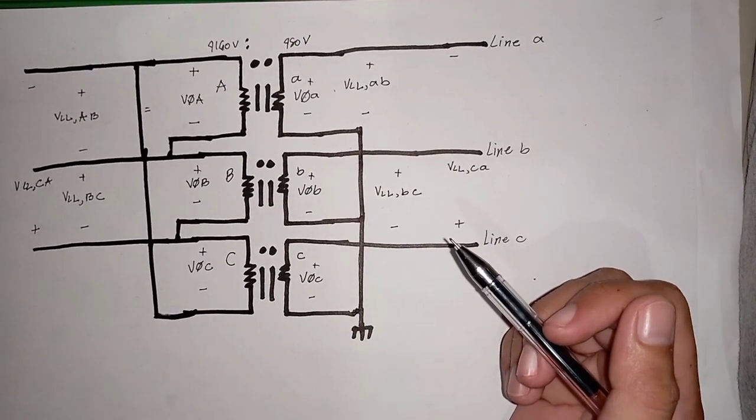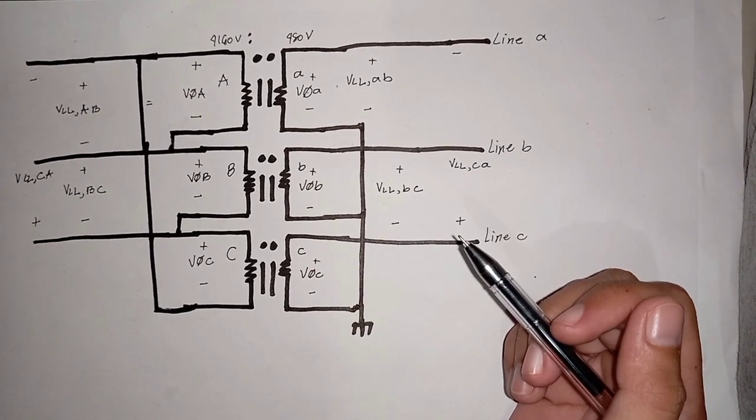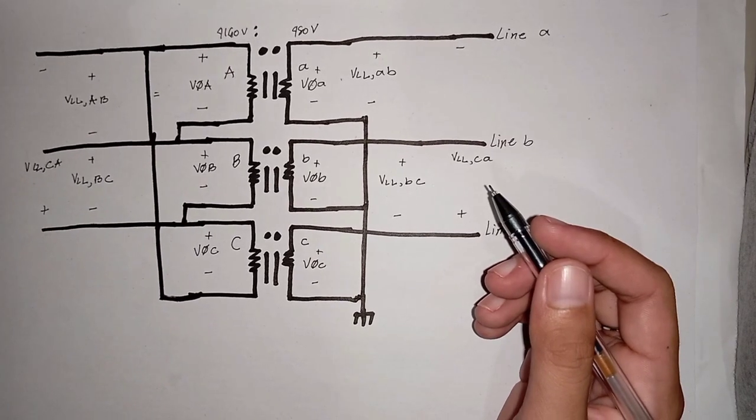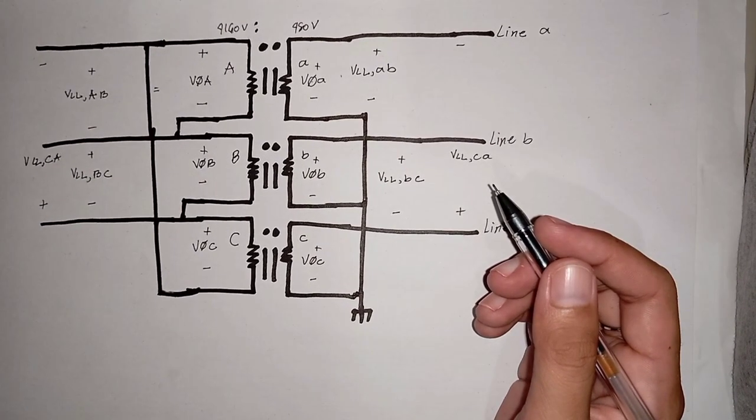So for a delta connected transformer, we should expect the voltage across two lines to equal the voltage across a single winding, or in other words, the line-to-line voltage equals the phase voltage.